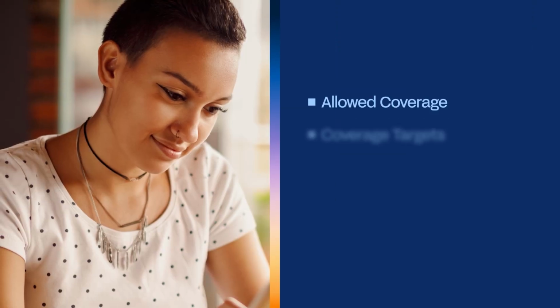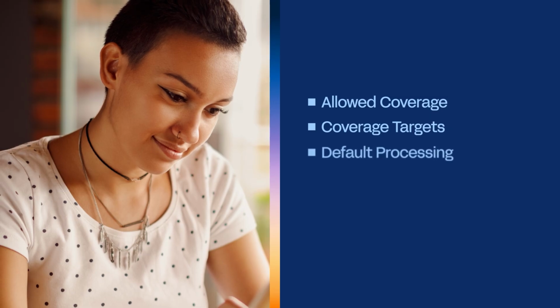Keep in mind that how your benefits administrators configure the EOI levels of change tabs influences processing priority. Additionally, the following configurations impact the priority of how hybrid events process: allowed coverage, coverage targets, and default processing.